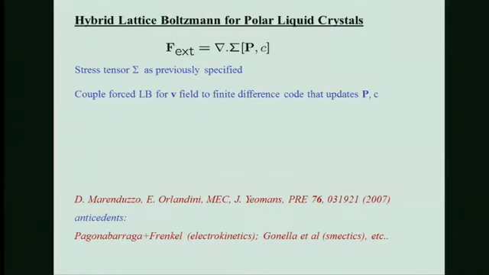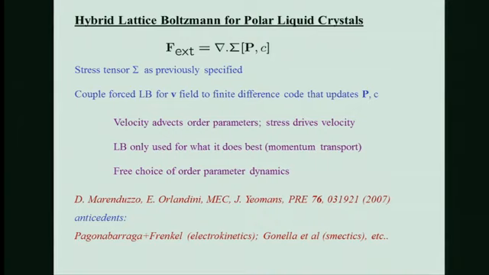So that's what the external force is in the Navier-Stokes equation. And so what the Navier-Stokes equation does is it tells you the velocity, then you read out the velocity and you stick it into the advective relaxation code that updates P, or advective diffusion that updates C. So that's why that's a good thing to do, but I won't say more about that.